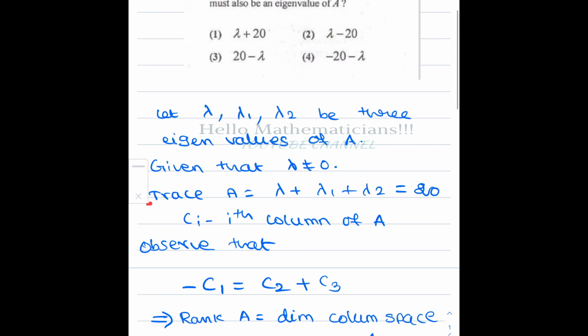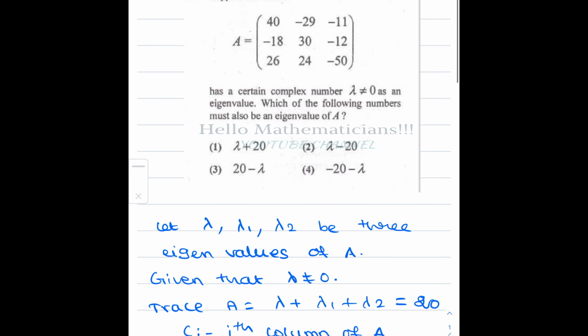So we get trace of A, but we know that trace is nothing but the sum of the eigenvalues. So we get trace A equal to the sum of the eigenvalues, lambda plus lambda 1 plus lambda 2, which is equal to 20. Now we make some observation in the matrix.